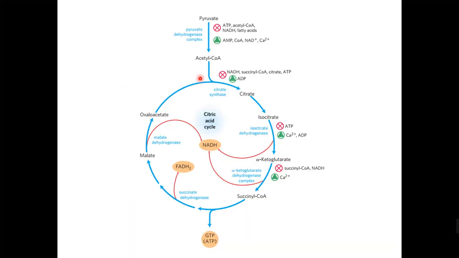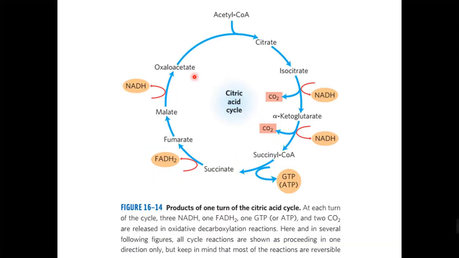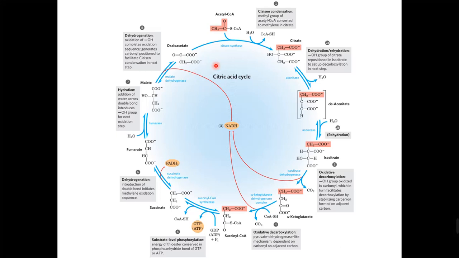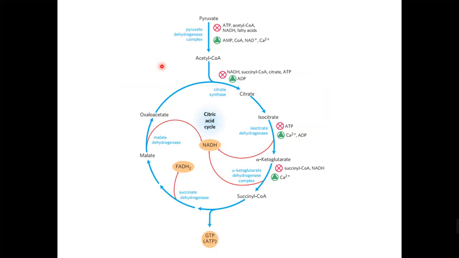This is the regulation of the citric acid cycle. You can see here this is the rate limiting step, and this is a unidirectional reaction, and this is reversible, reversible, unidirectional, unidirectional, reversible, reversible, reversible, and reversible. Most of the unidirectional reactions are controlled by regulatory enzymes.